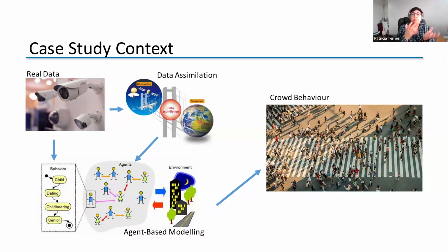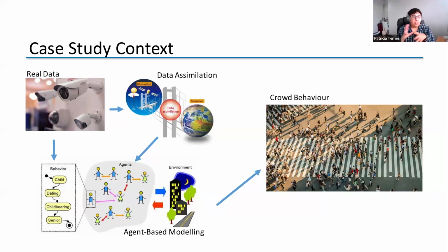So if something happens, I can do A or B. It's a decision model: you have a situation and then you decide what you are going to do. And this differs from other kinds of models that are usually equation-based.